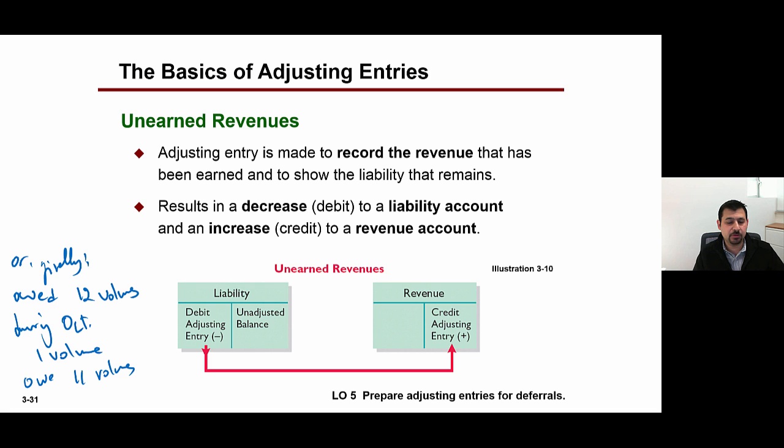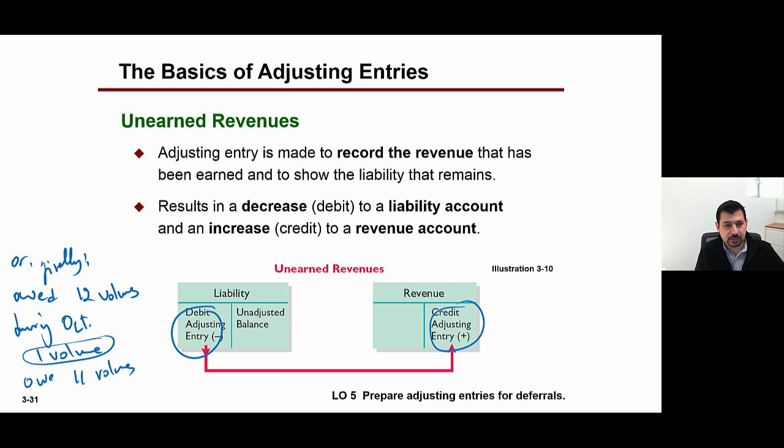So what happened to the liability account? The liability account has decreased, and when liabilities decrease, we debit them. At the same time, they earned this one volume, so their revenues increased, and this is why the company credits the revenue account. So this is why we credit revenue and we debit the liability.